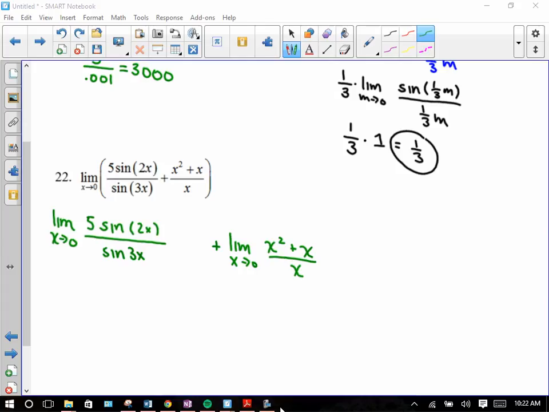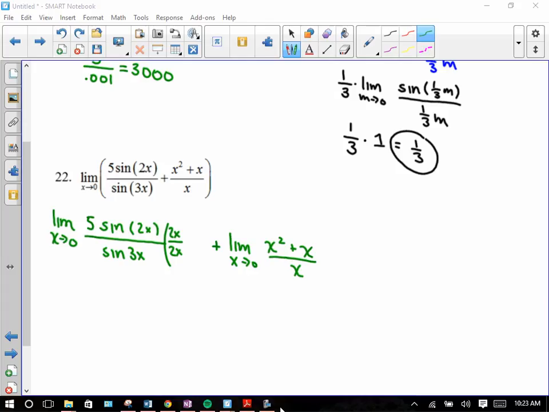So I need to get a whole 2x on the bottom. How do I do that? Multiply by what? Multiply by 2x over 2x.